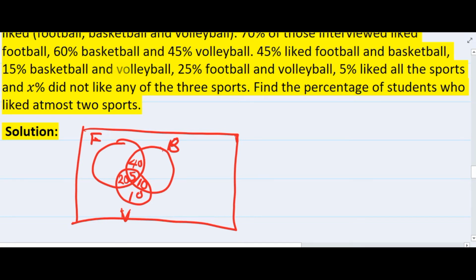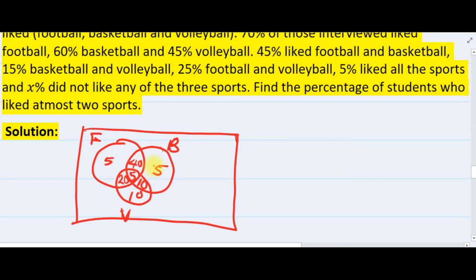Then 60 basketball: out of it, the remaining is 5 here. Then 70 like football, whether they like basketball or volleyball. Out of it, we subtract all this from 70, so we have the same 5.